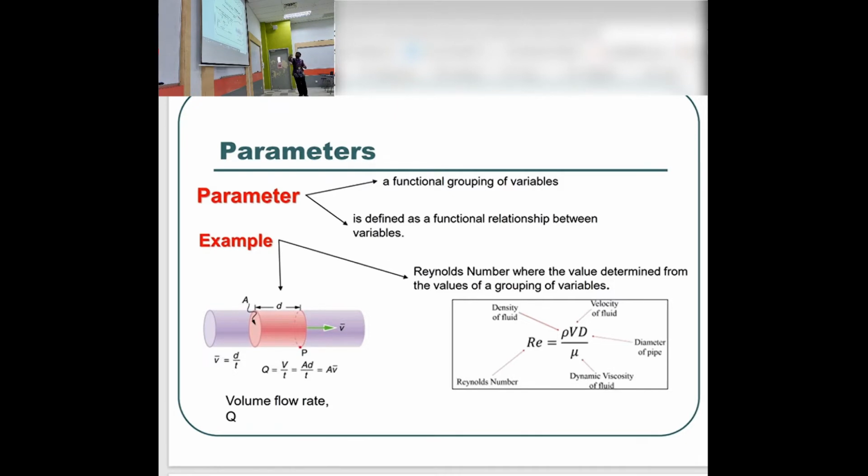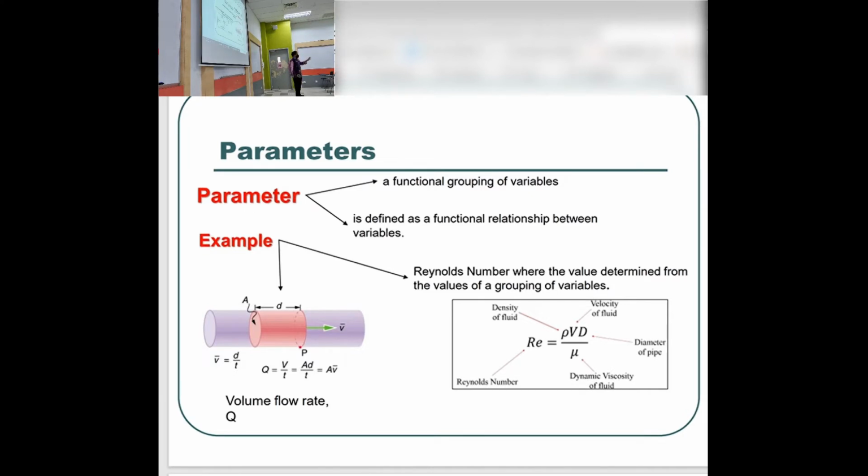For example, in a Reynolds number, we have density as a variable, V, velocity of the fluid, D, diameter of the pipe, dynamic viscosity of the fluid, which are a group of variables combined together to form the parameter Reynolds number. So you have to differentiate between what is parameter and what is variables.